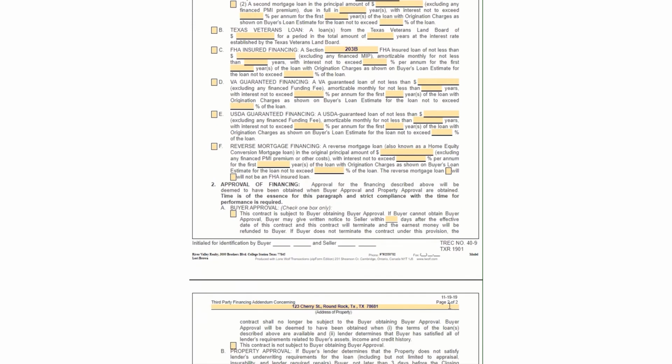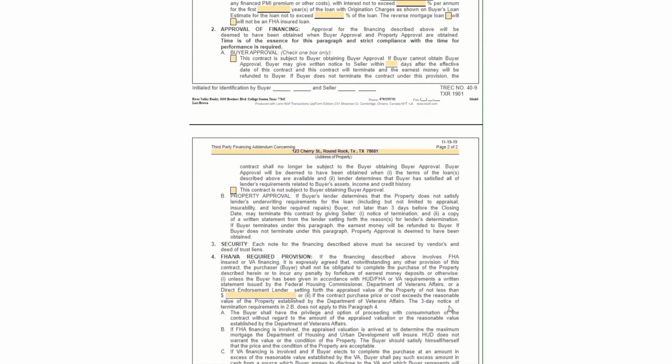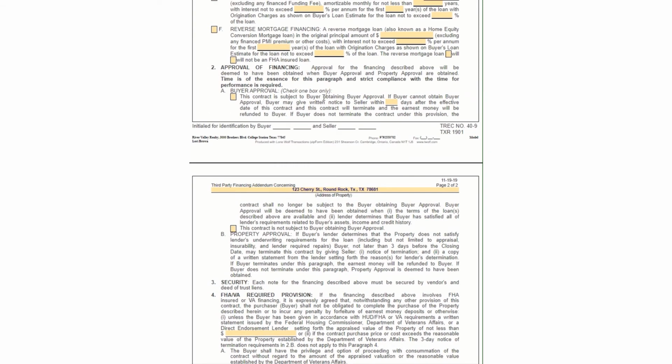Now this is the paragraph that causes the most conflict or potential conflict because it discusses how the buyer can terminate on what terms. So approval for the financing described above will be deemed to have been obtained when the buyer approval and property approval are obtained. This is important to note.